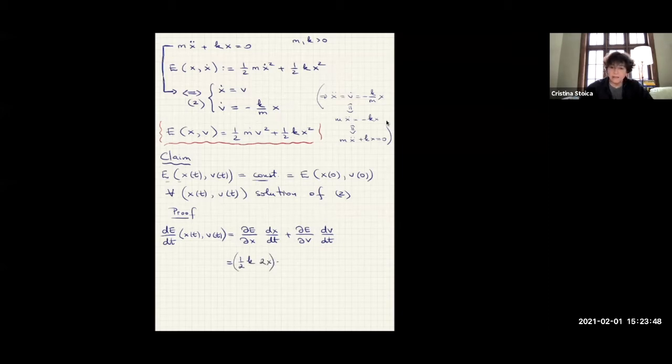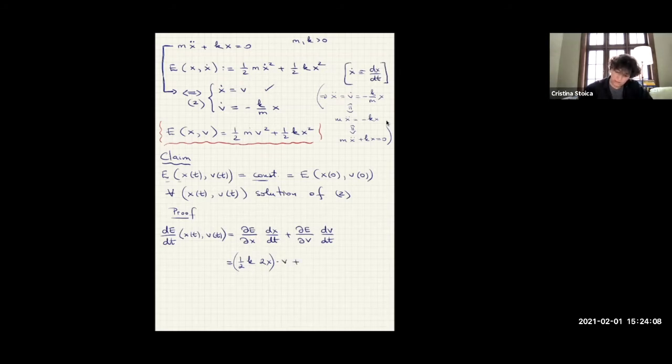Where do I get dx dt from? From the equation: x dot is dx dt, so it's times v.